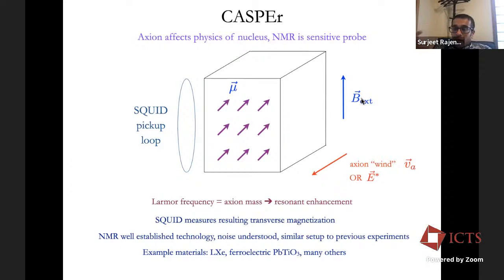We, of course, have no idea where the dark matter signal actually is because we don't know the dark matter mass. So what we do in these experiments is that we simply change the value of the magnetic field. And by changing the value of the magnetic field, we can scan and potentially find one particular frequency where the dark matter signal actually exists. And that will be a way in which we detect the dark matter.